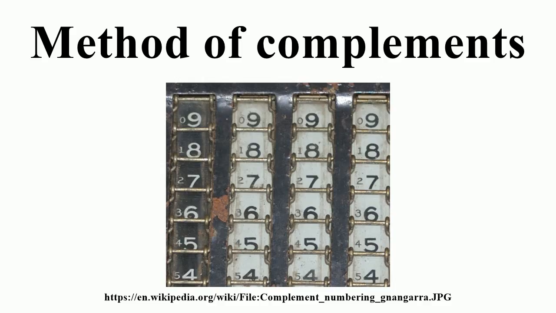And it works very well in binary since the first bit can be considered a sign bit. The number is positive if the sign bit is 0 and negative if it is 1. Indeed, 2's complement is used in most modern computers to represent signed numbers.